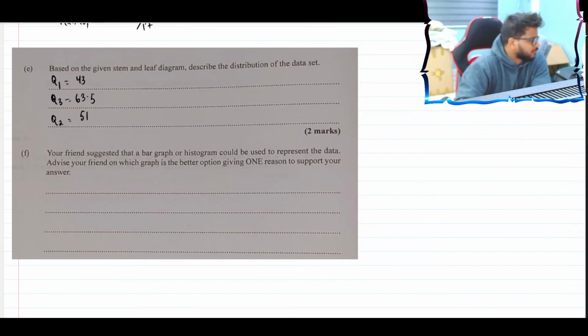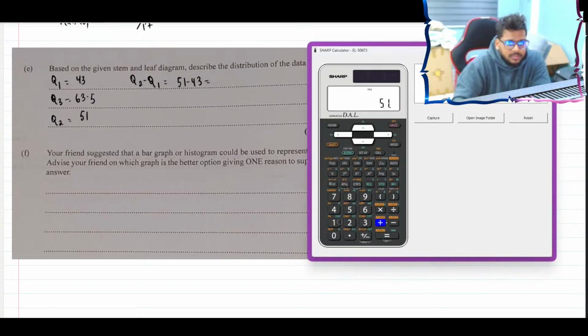So Q2 minus Q1 is 51 minus 43, which is 8. And then we have Q3 minus Q2, 63.5 minus 51, 12.5.